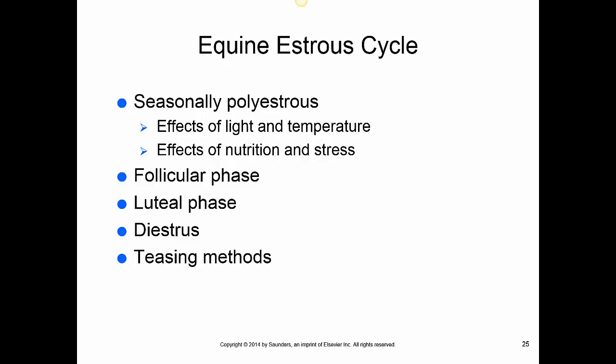They usually start off with small follicles that are not receptive, so they can be showing estrus, they might be receptive, but we know that the first couple of days they're not actually going to sit there and be able to be bred by the stallion. Usually when their follicles get up around 40 millimeters in size, that's when they're going to rupture and have the better chance of getting bred.